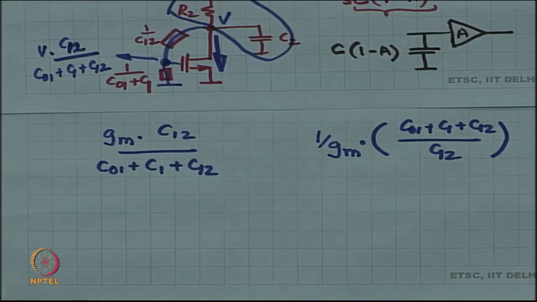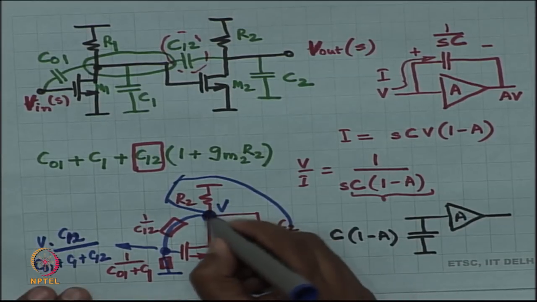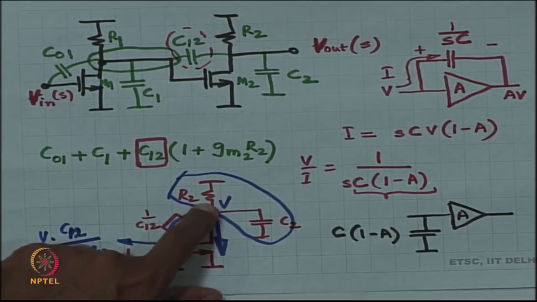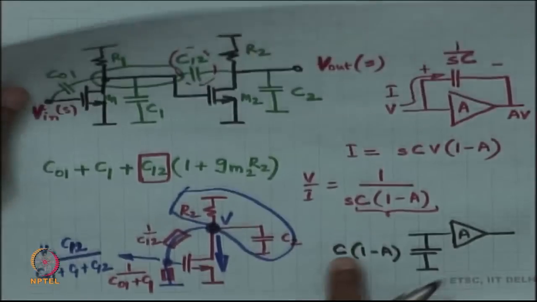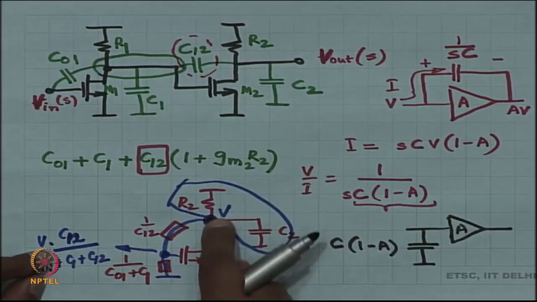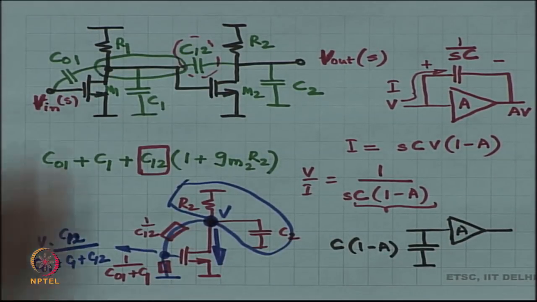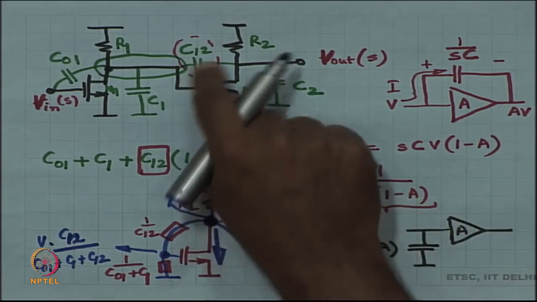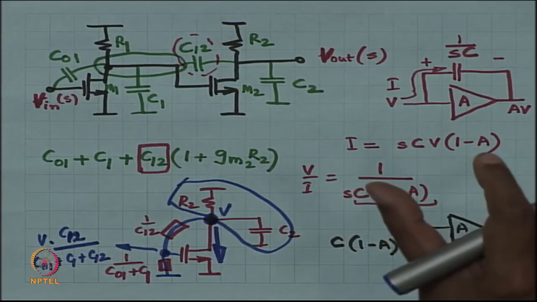Now, let us see, I have a node over here. This is my node. At this node I have a certain resistance of this value and capacitance of value C2, and then the series combination of C12 and the rest. Whenever there is a series combination, it is smaller than the smallest one. C12 is large over here because it has been externally added.